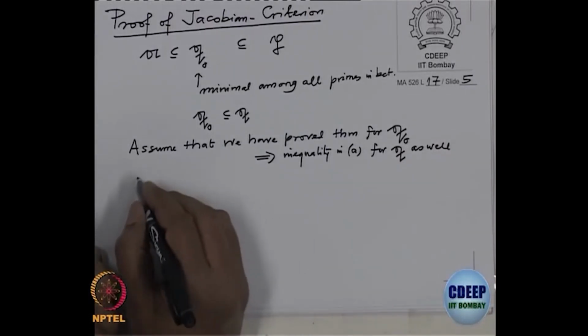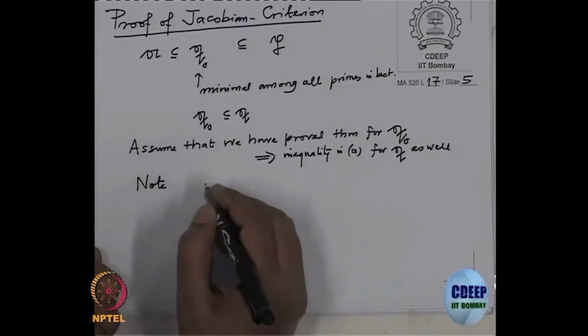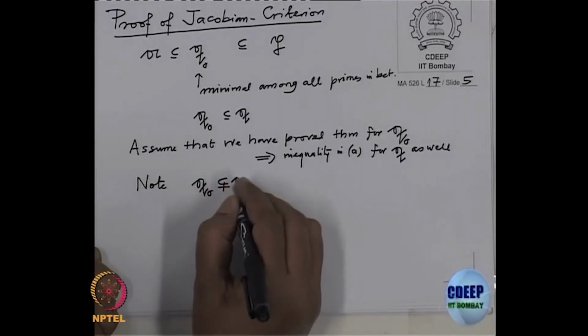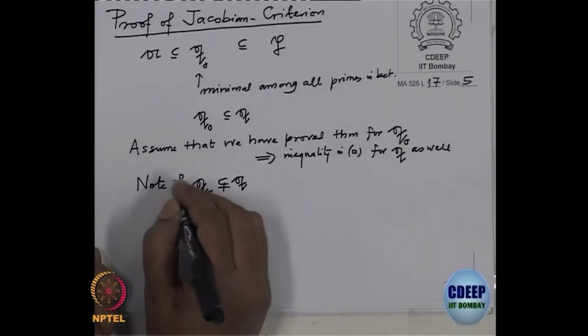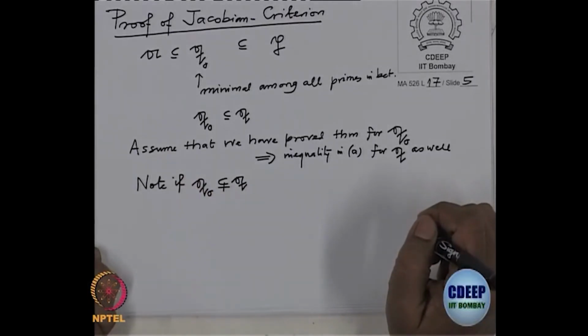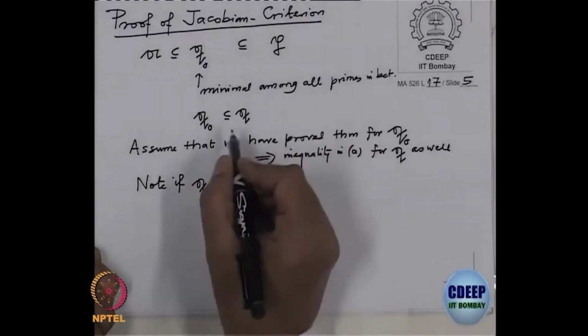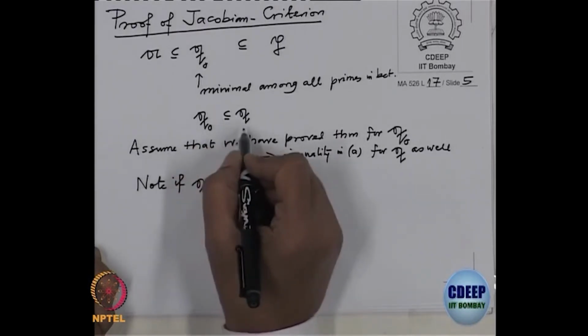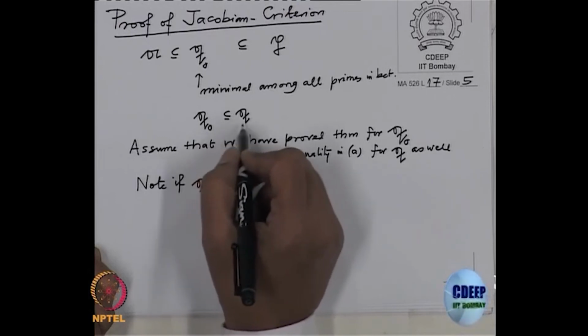Also note, if Q naught is properly contained in Q, then what it means is that this Q is a minimal prime, and this is also a minimal prime, that means this is the embedded one.